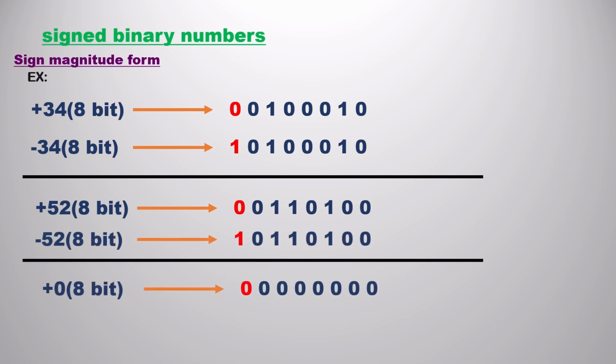If you consider plus 0 in 8-bit, it is represented as 0 followed by 7 zeros, because with 8 bits we fill the first bit, the 8th bit, with 0, and the next 7 bits will be zeros. Similarly, if you consider negative 0 in 8-bit, it will be 1 followed by 7 zeros.